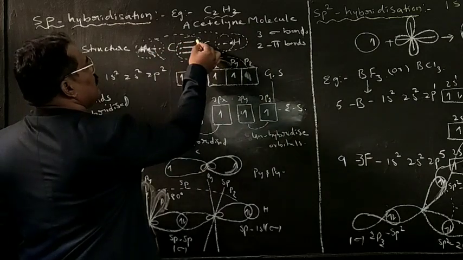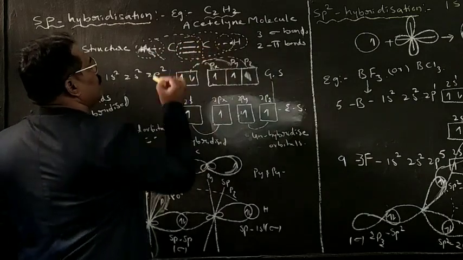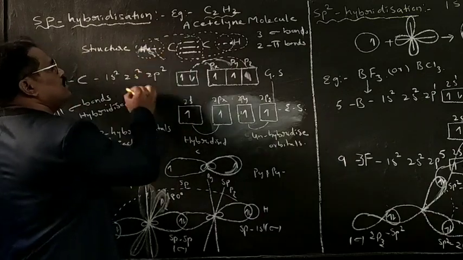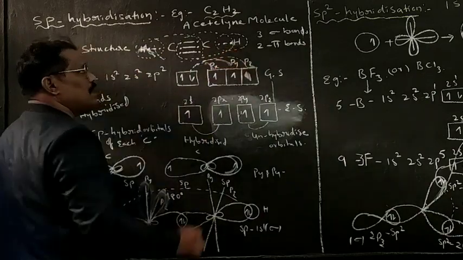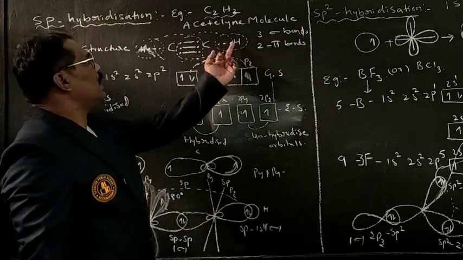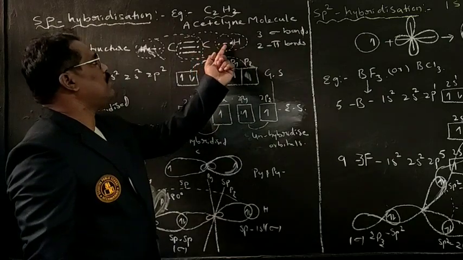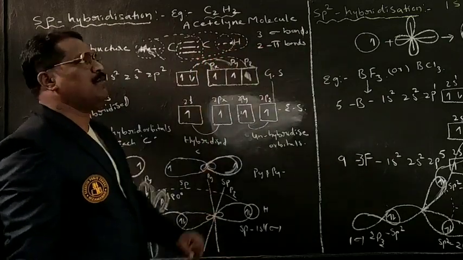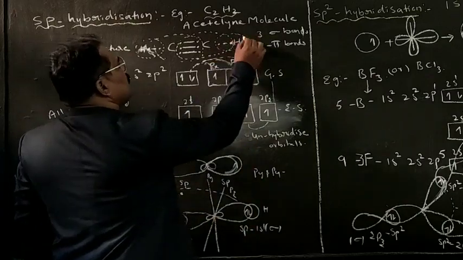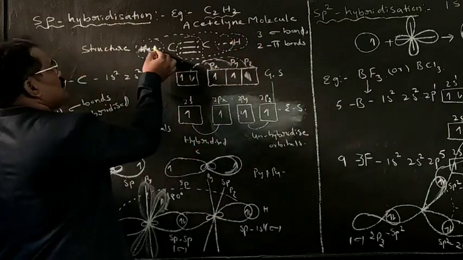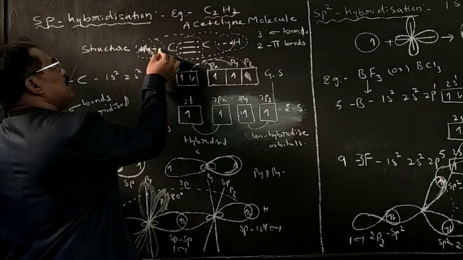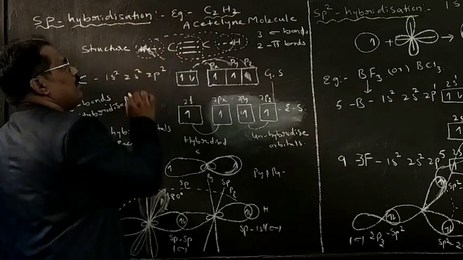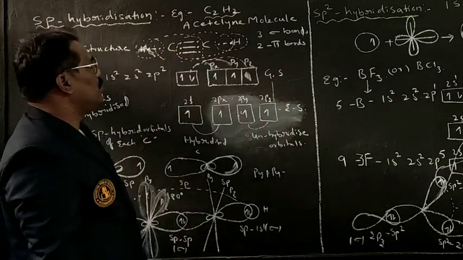Similarly, another carbon, 1, 2, 3, 4. Hydrogen has 1 electron. Therefore, hydrogen overlaps with carbon's 1 electron and forms a bond. That bond is called a sigma bond. Here also hydrogen overlaps with a carbon electron and forms 1 sigma bond.